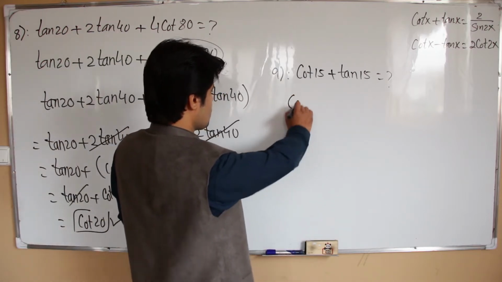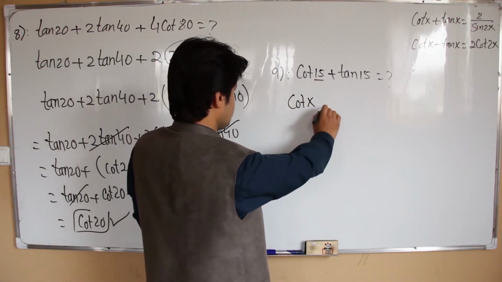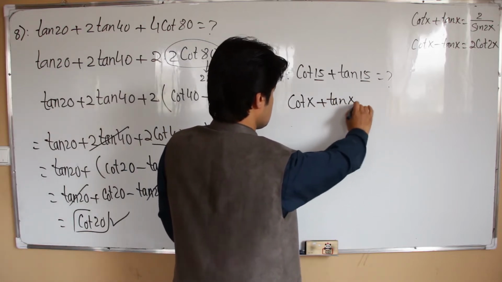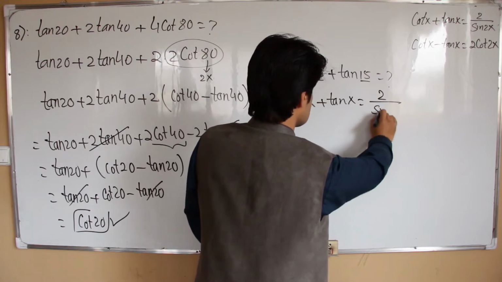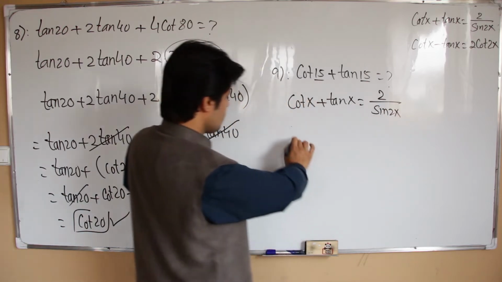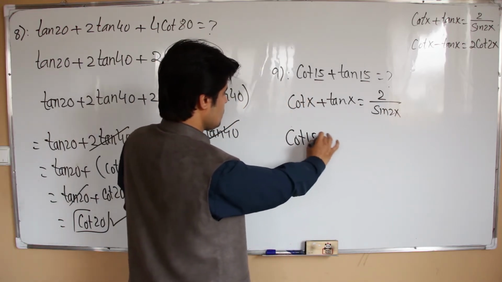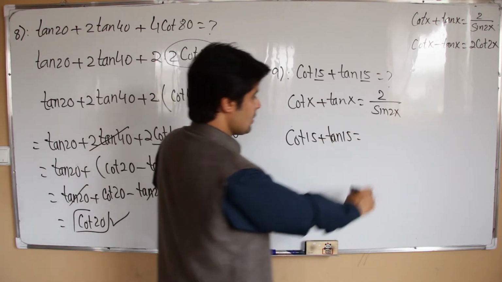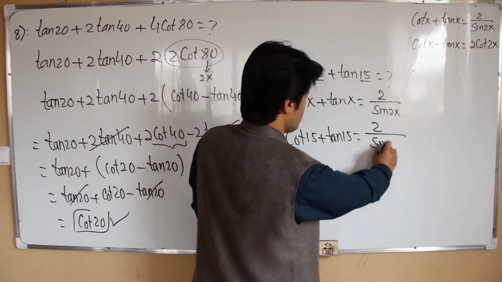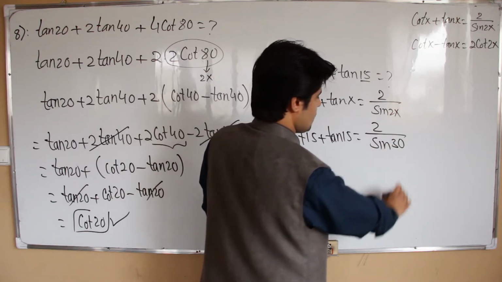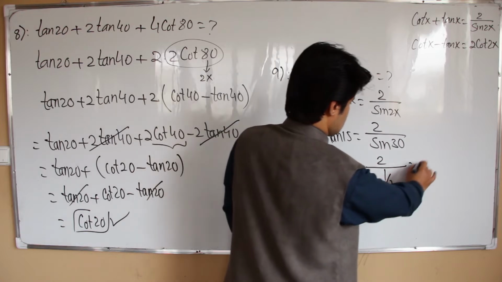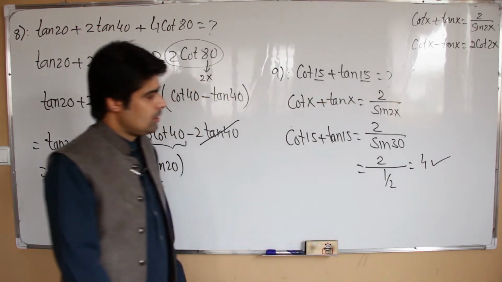The formula for cotangent of x plus tangent of x is 2 divided by sine 2x. So for cotangent of 15 plus tangent of 15, all of these are degrees, it is 2 divided by sine of 2 times 15, which is 30. Now sine of 30 is 1 by 2, so the answer is 4. Write it please.